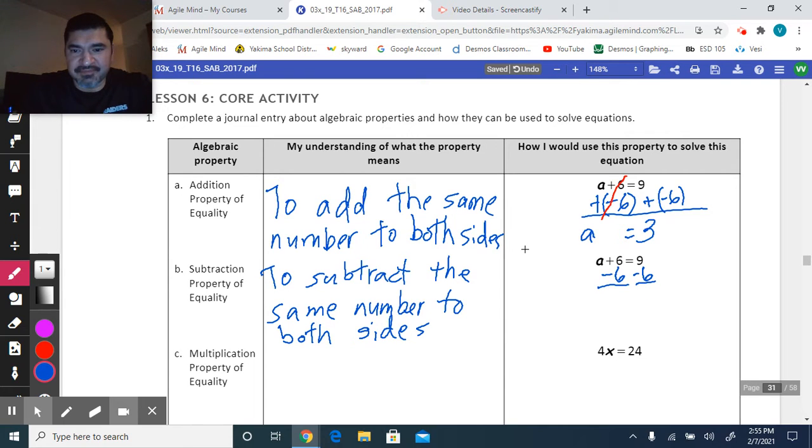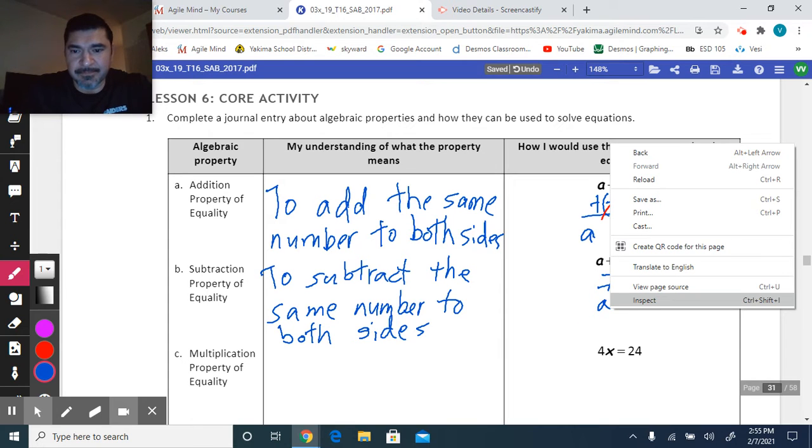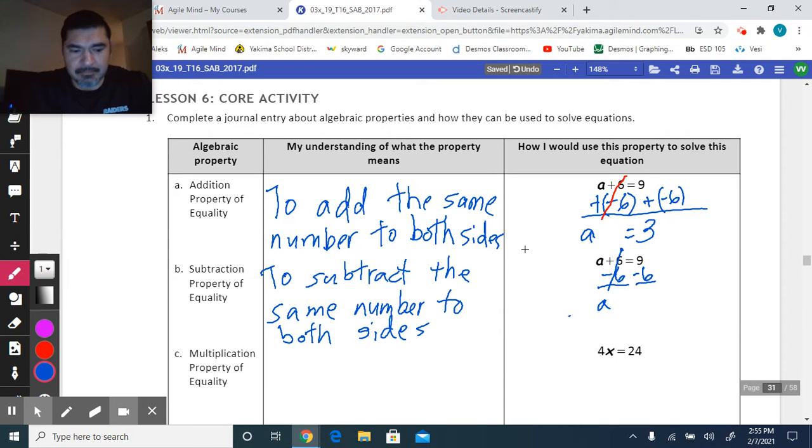So again, this plus 6 and minus 6 is going to be 0. So a plus 0, which is just a. And then I bring down my equal sign, and I have 9 minus 6, which is, again, 3.